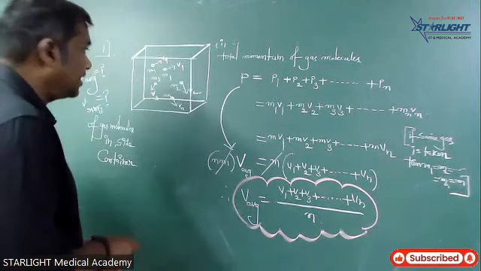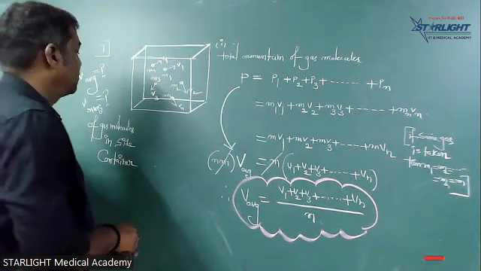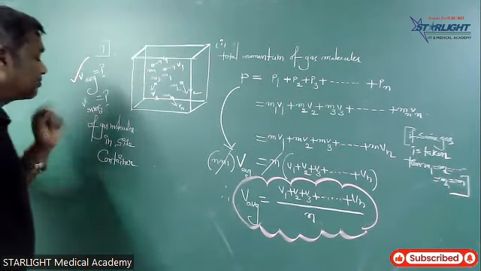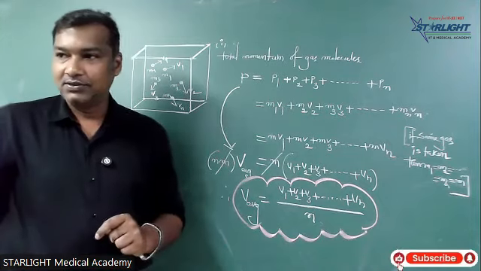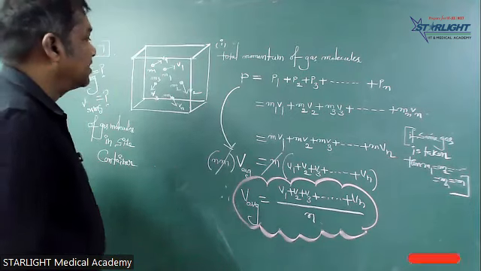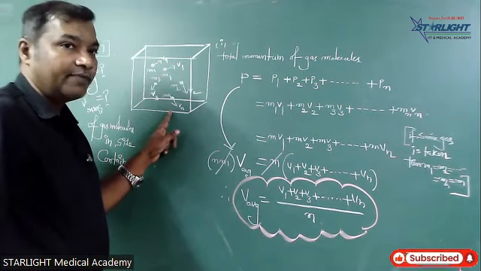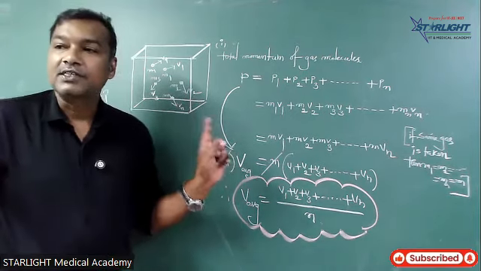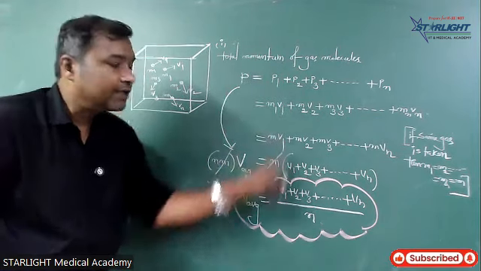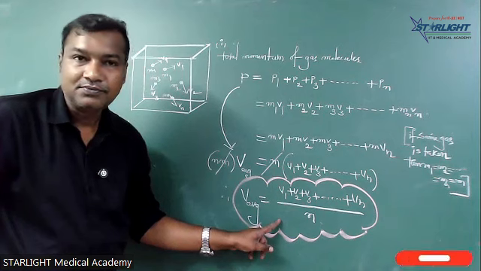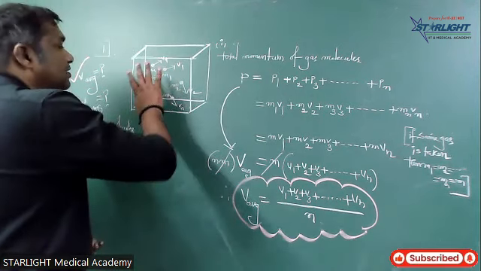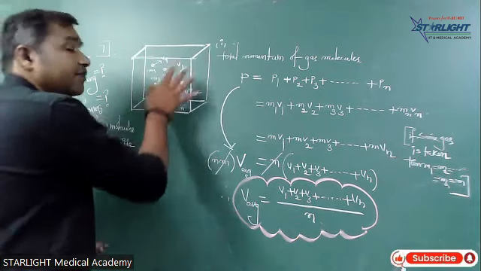So next, in the second point, what is the RMS velocity of these gas molecules? What is the total kinetic energy of all gas molecules? Now I am finding the RMS velocity of gas molecules. So this is all about the average velocity of gas molecules. Next, these gas molecules are moving, that's why they have kinetic energies.